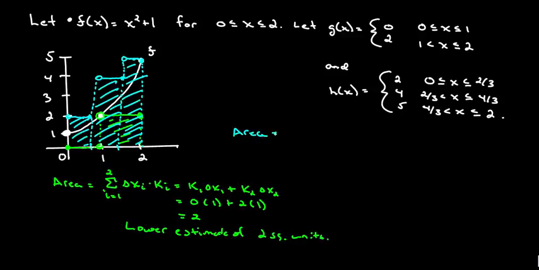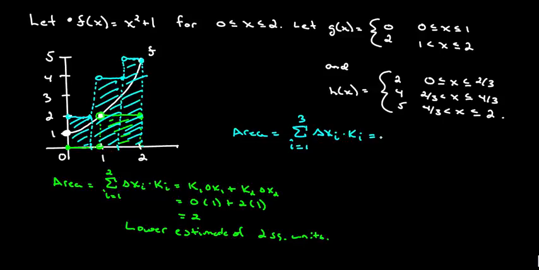The area in blue is equal to the sum. Now my indices, I'm going to start at 1, but I've got 3 of these, so I'm going to go up to 3, of each of the delta xi's times the heights, which we're calling ki. Notice that these k's are different than these k's. I could have called them h's or g's or whatever, it doesn't matter, it's just a variable name.